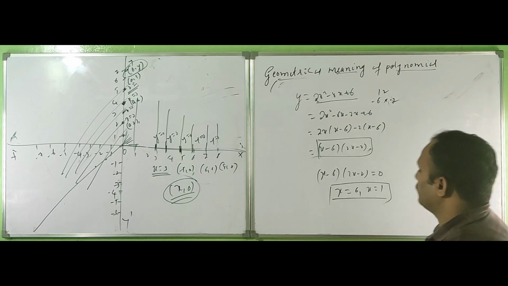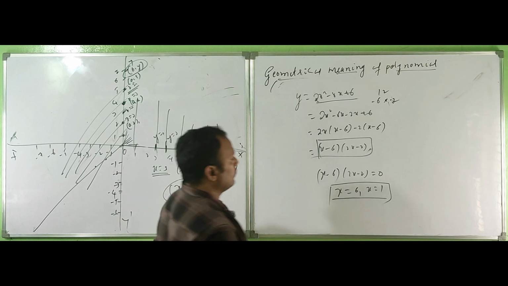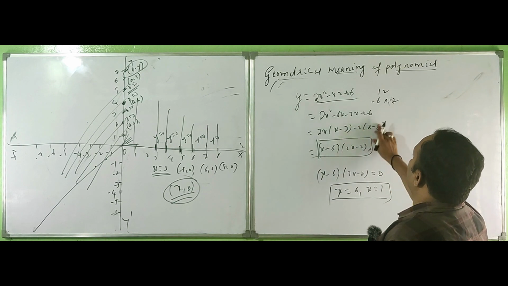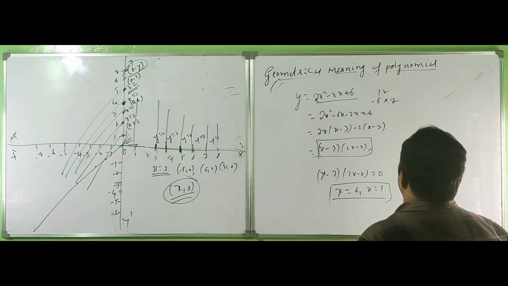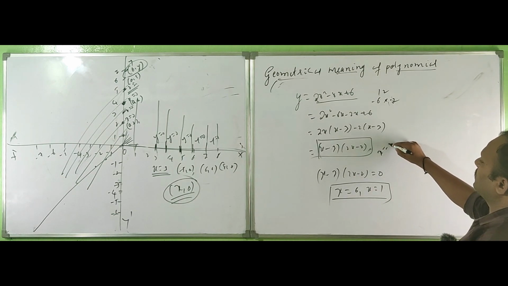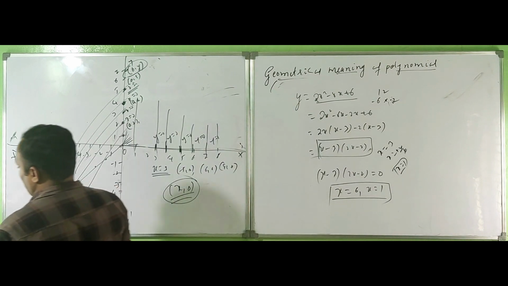2 by 2 is 1. This is 3. So here x equal to 3 and x equal to 2 by 2, that is x equal to 1, or I can use another method also, whatever it may be.